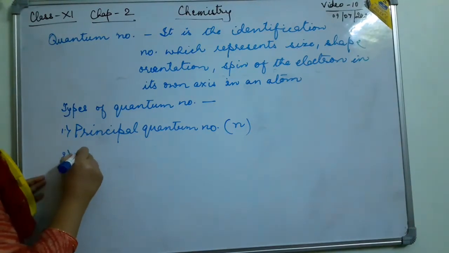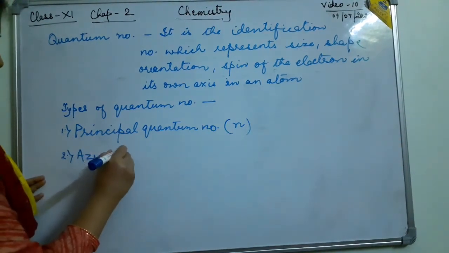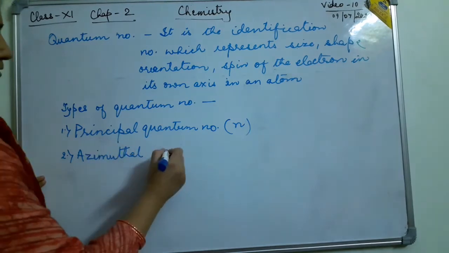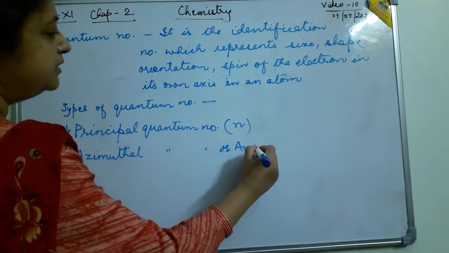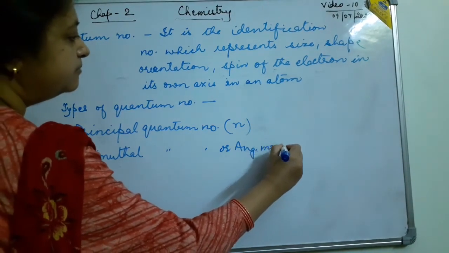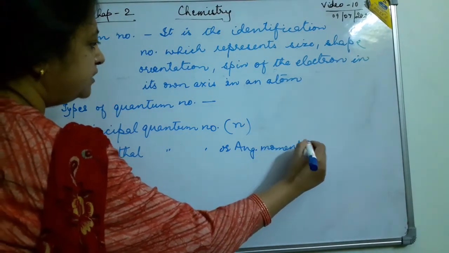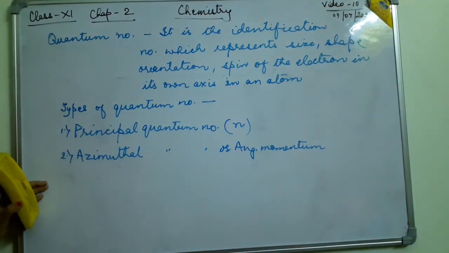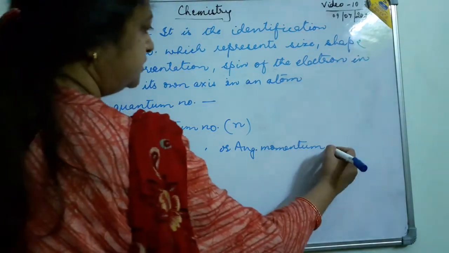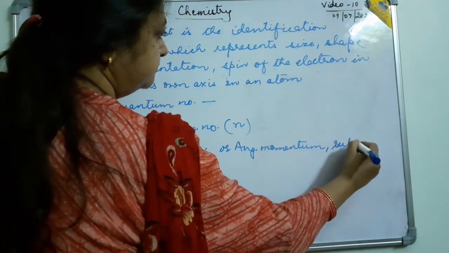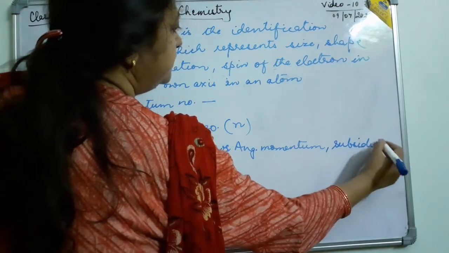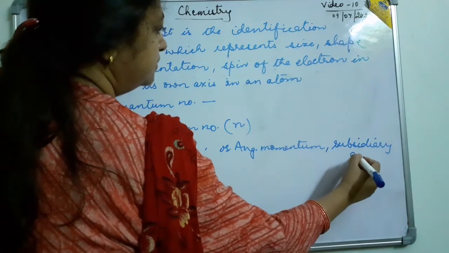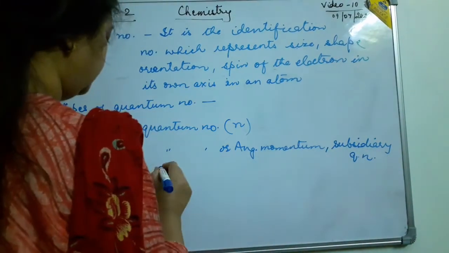Second is the azimuthal quantum number, also called the angular momentum quantum number or subsidiary quantum number, and it is represented by l.